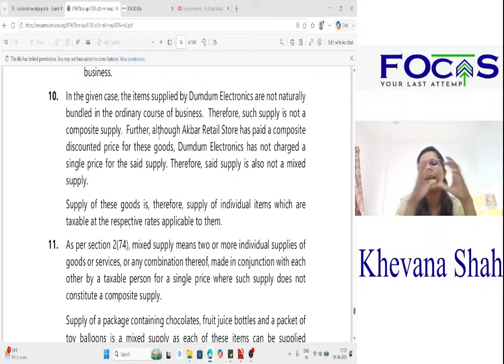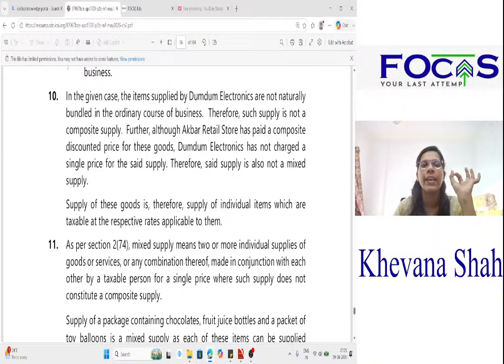Okay, so as I already told you, since you are given each of the items separate prices for each one of them, so in that case, as we have seen in the previous question also, we will say that this is neither your composite supply nor your mixed supply. Okay, and therefore what we will do is we will apply the individual rates of GST that we were given on the individual prices of these items.